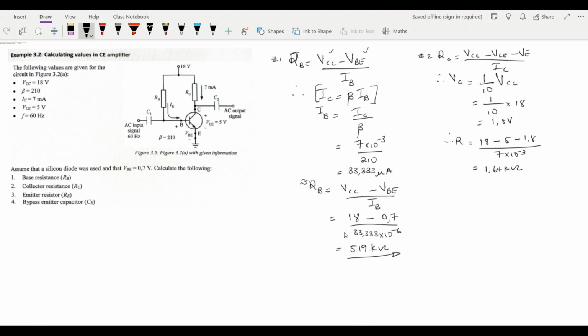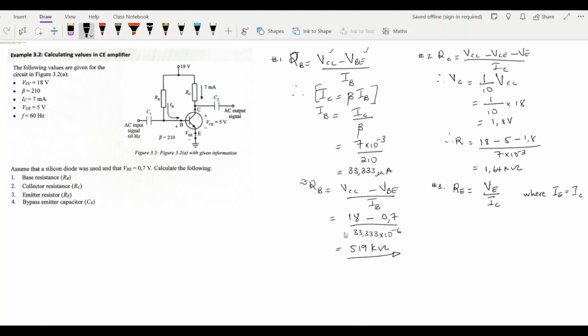Perfect. Now we move to the third question. They want us to calculate the emitter resistance, RE. Emitter resistance is calculated by VE over IE, where IE is equal to IC. Take note of that. IE is equal to IC.